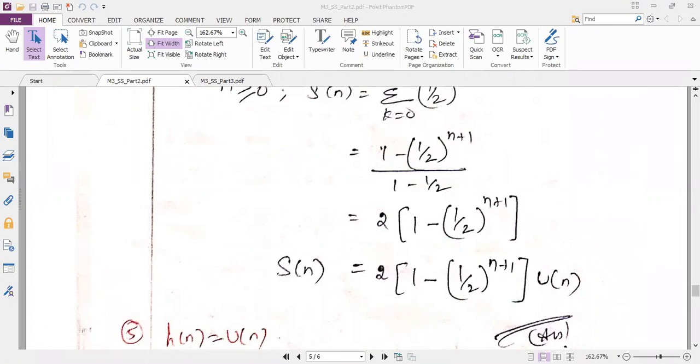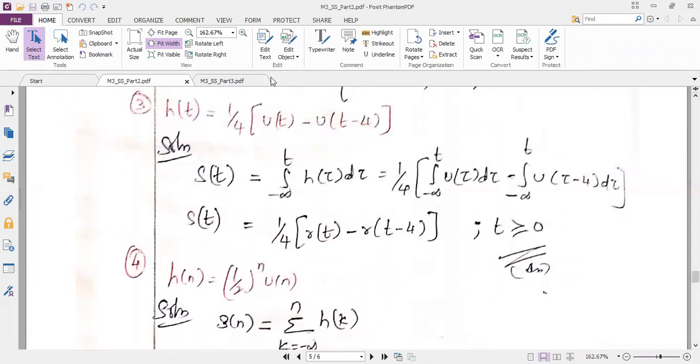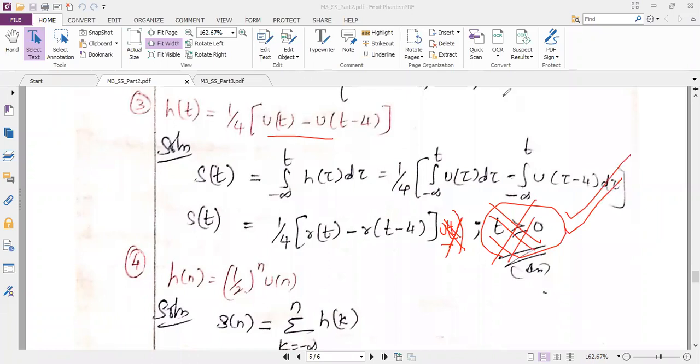Instead of writing u of t, I wrote t greater than or equal to 0. Since in the question there is u of t, you can write either u of t or t greater than or equal to 0. If you write u of t, this t condition will not be written; if you do not write u of t, then t greater than or equal to 0 can be written. It is as per your convenience, and I always tell that it is better to write all the possible answers.